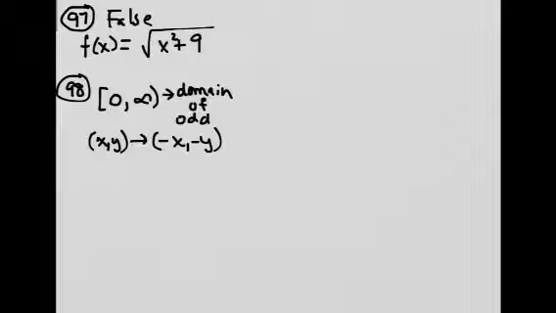So that interval that they gave you doesn't allow for opposites. It's only counting the positive numbers and 0. So this is another false statement. Okay, and the reason is the one I just wrote on the screen, because by definition, an odd function, if (x, y) is on the graph, (-x, -y) has to be on the graph also. So it's false.